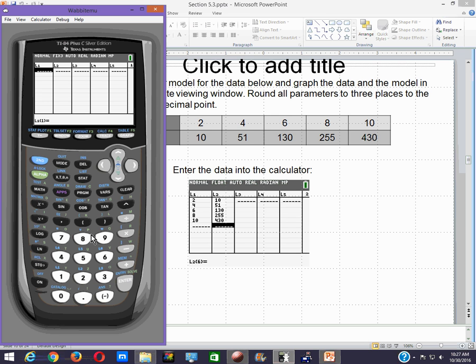Let's go back to L1 first: 2, 4, 6, 8, 10. Then L2: 10, 51, 130, 255, 430, enter. Then of course we would quit the screen.